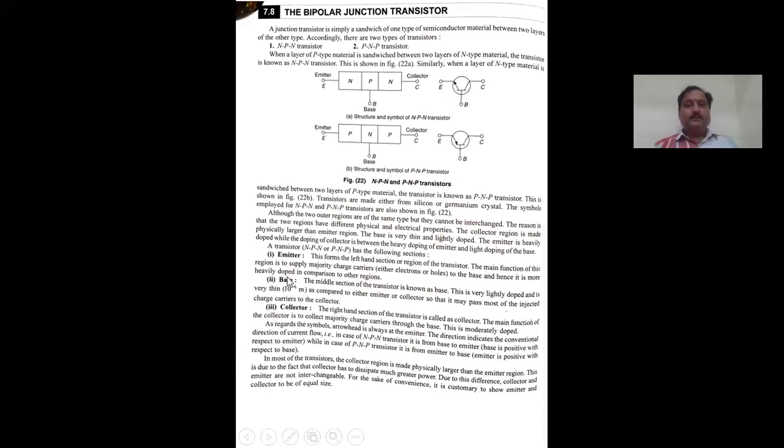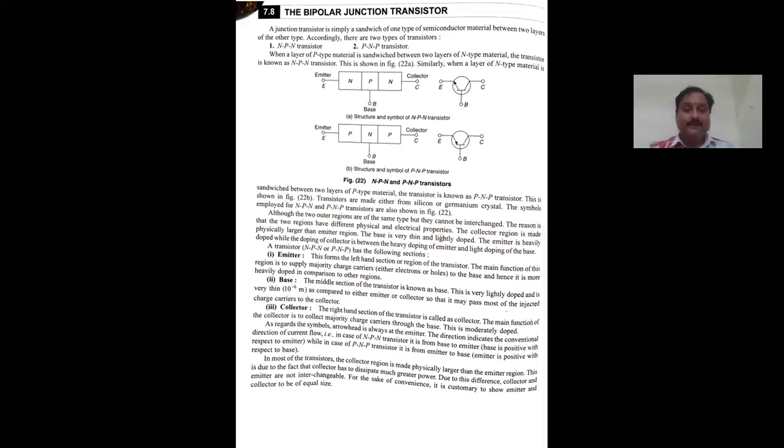Because the emitter is the immediate connection to the source, that is, the battery, easily picking up the voltage. So the emitter is heavily doped.